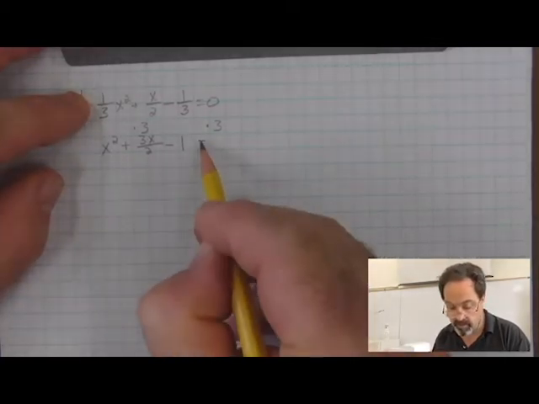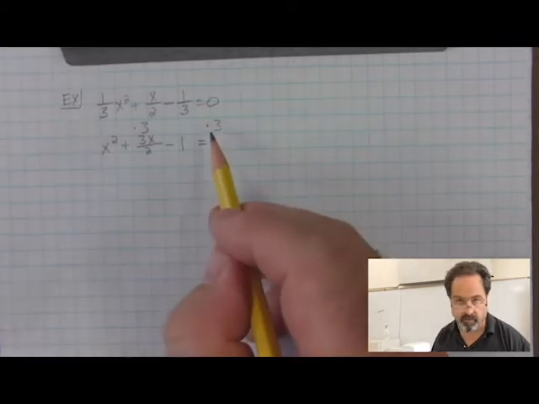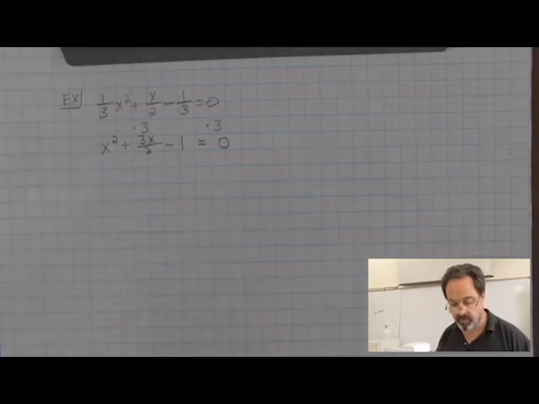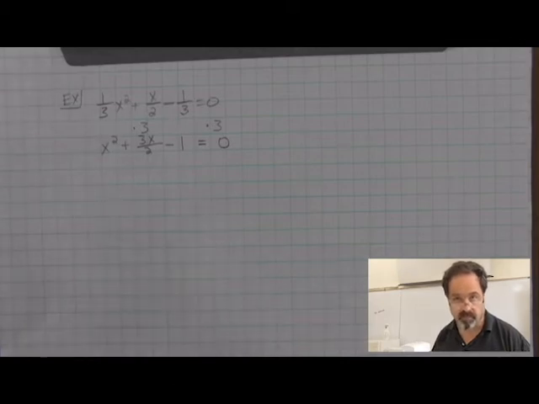And on the other side, since it's 0, 0 times 3 is 0. It remains quite simple. So I had 3 fractions, and I chose to multiply the entirety of both sides by 3, but I still have the fraction, 3x over 2.